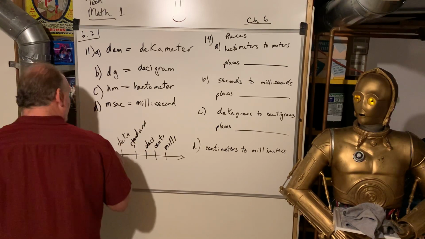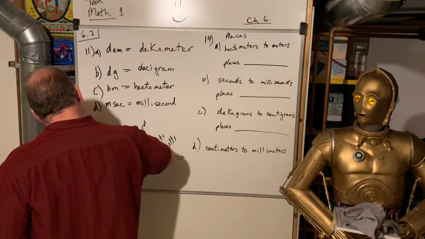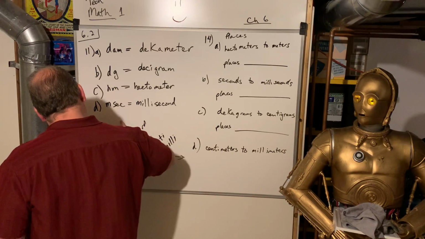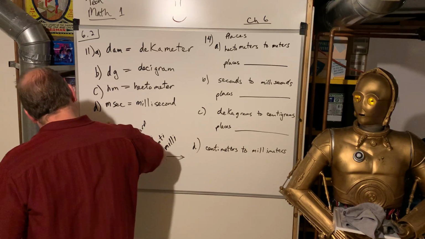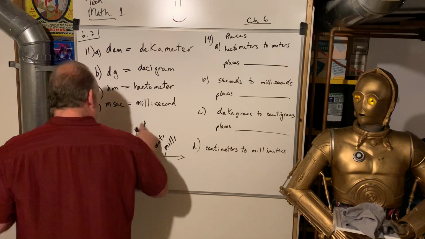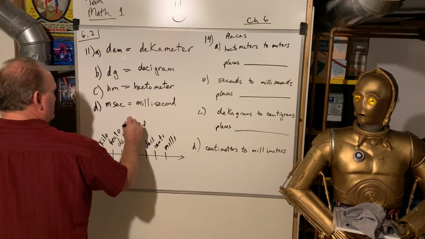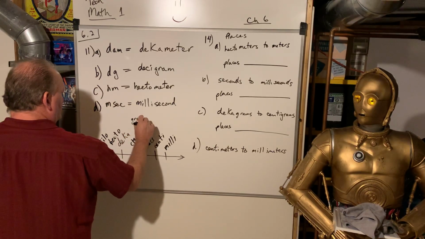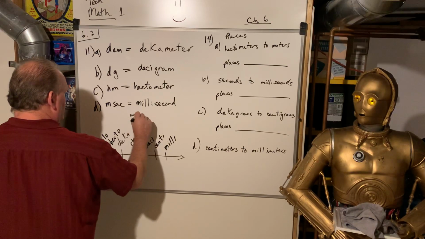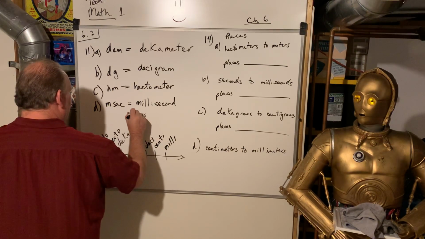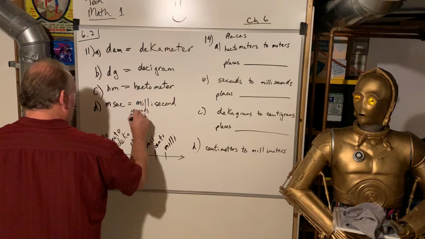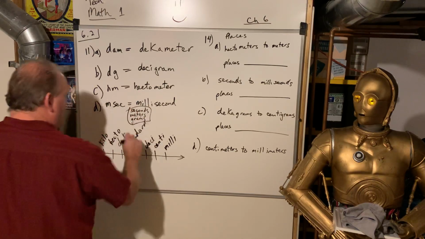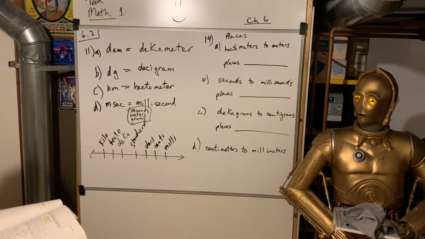And then hecto, and then kilo. And so this can be anything. This could be grams, this could be meters, this could be seconds. Your standard can be any of those things. All right?